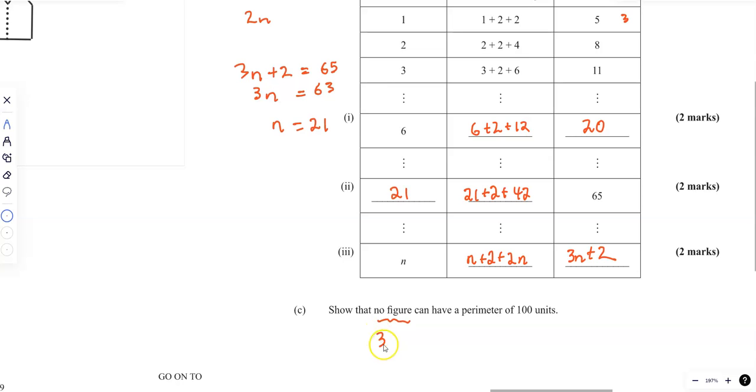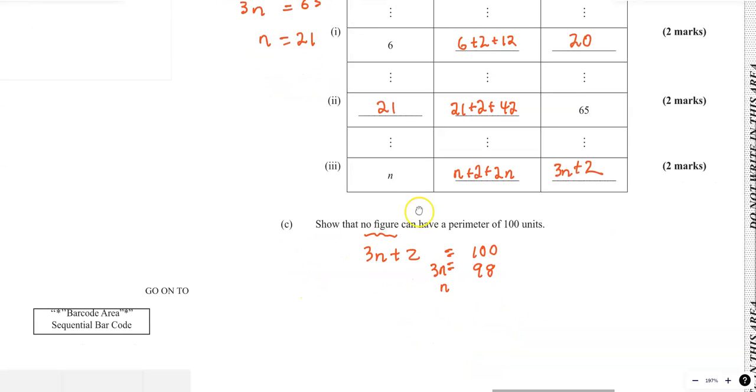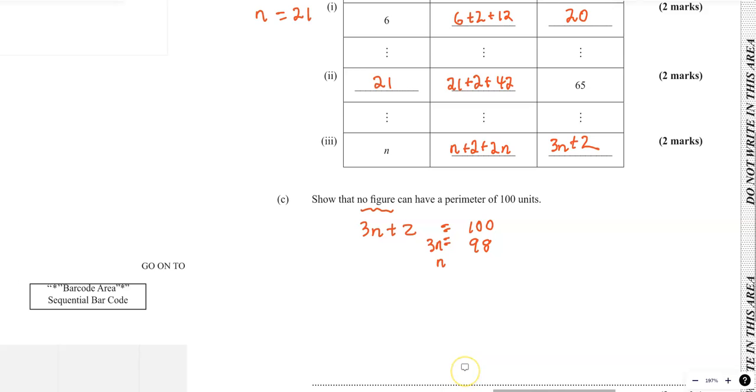So we have 3n plus 2 equals 100. So we want to take 2 from both sides, so we get 98 there. So 3n equals 98. So to get n, you divide both sides by 3. Okay, so when you divide both sides by 3 there, you get 32 and 2/3.